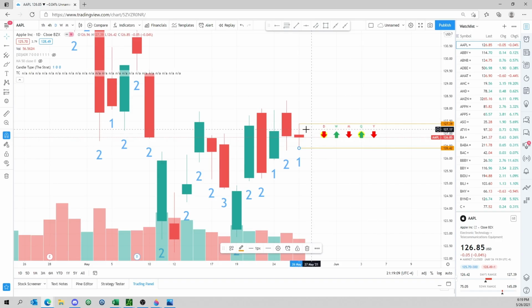Now, so tomorrow, the price is going to open somewhere in here as a 1 candle. And this doesn't necessarily mean it's going to break out tomorrow. But just for example, the candle is going to start inside as a 1 candle. And it's going to push up or down. We'll say down just because it's red, so it'll be a continuation.